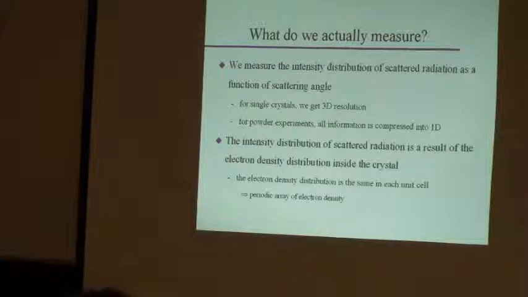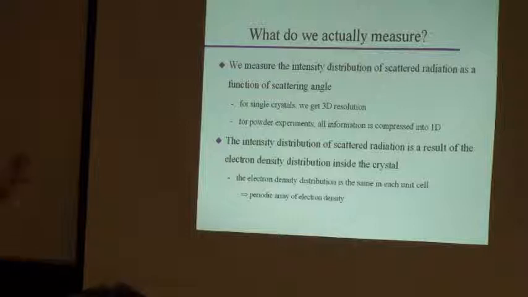Now, what is important is that the electron density distribution inside the crystal directly, well actually not directly, does affect or determine the intensity distribution of your scattered radiation. It's not a linear relation, that's why I hesitated when I said direct.